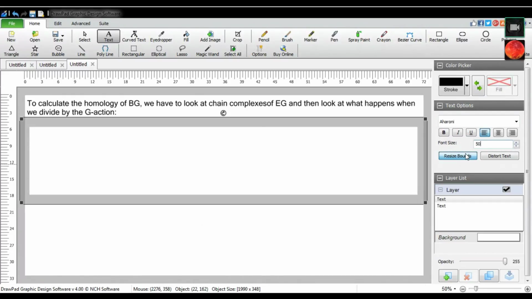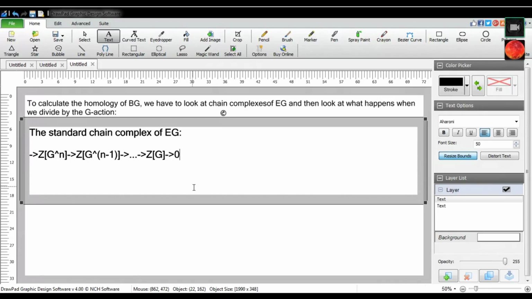It looks something like this: ZG to the n, generated by all n tuples, and we go down through our boundary maps, and down even more into ZG, and then into 0. Actually, this goes into Z and then into 0.